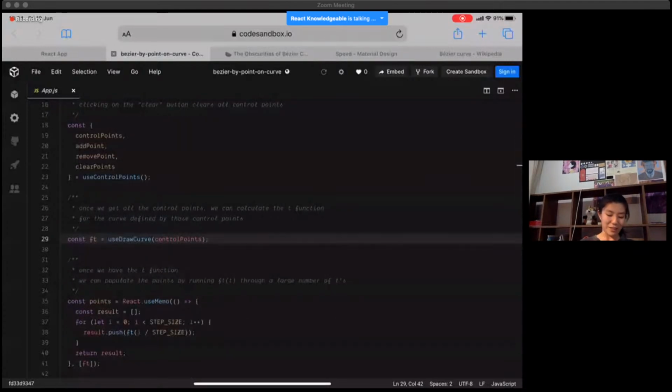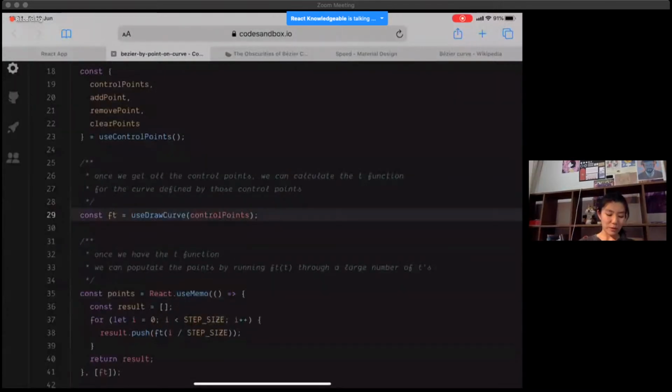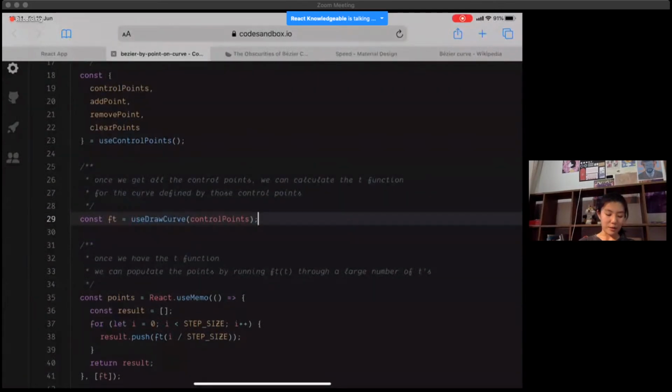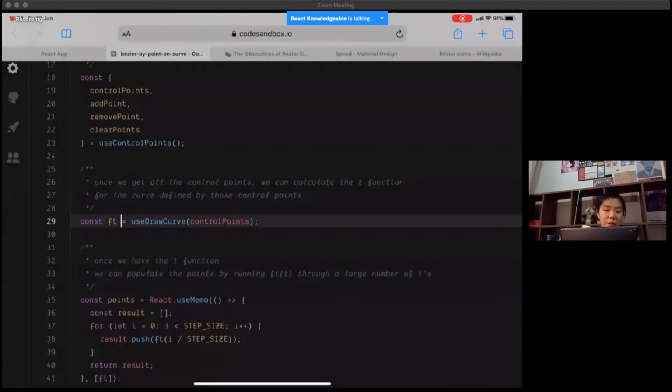So after I get the control points, I'll call this hook called use draw curve. And I will show you what this is doing later on. But for now, please understand that what this returns is the ft function. What is the ft function? The ft function is the function you can later use to populate however many points you want on the curve.